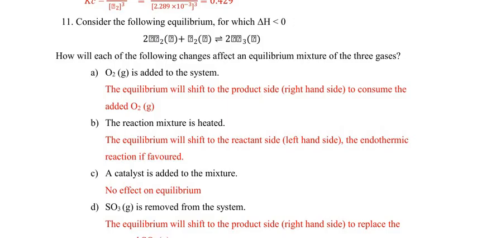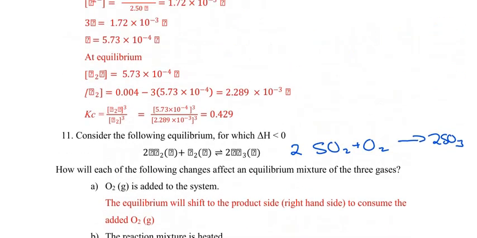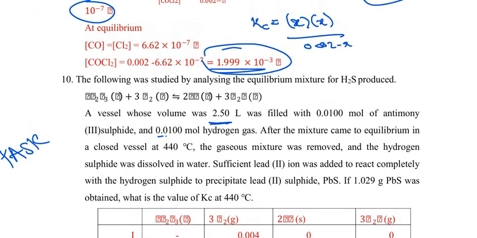So this is supposed to be 2SO2 plus oxygen, giving us 2SO3. So this is the equation. It is actually proper in the document.